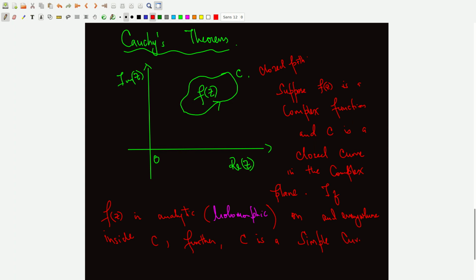So what do we mean by simple? By simple we mean that this is smooth. In other words, we are not going to accept sharp corners or bends.